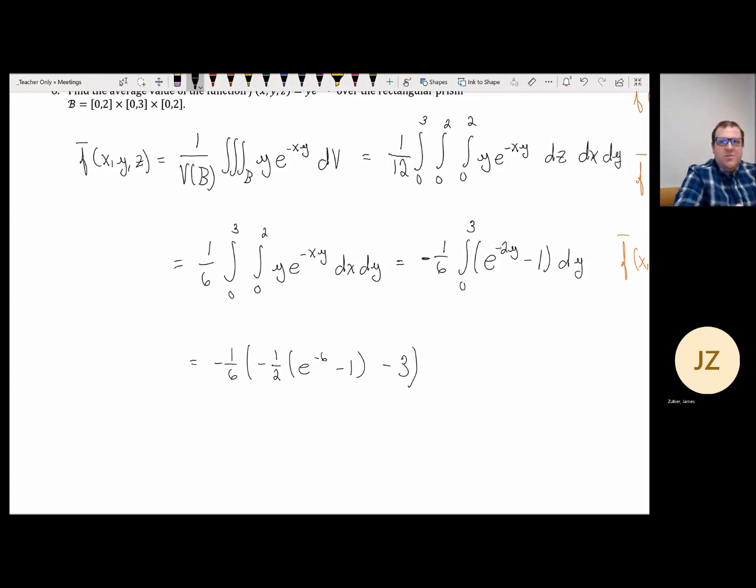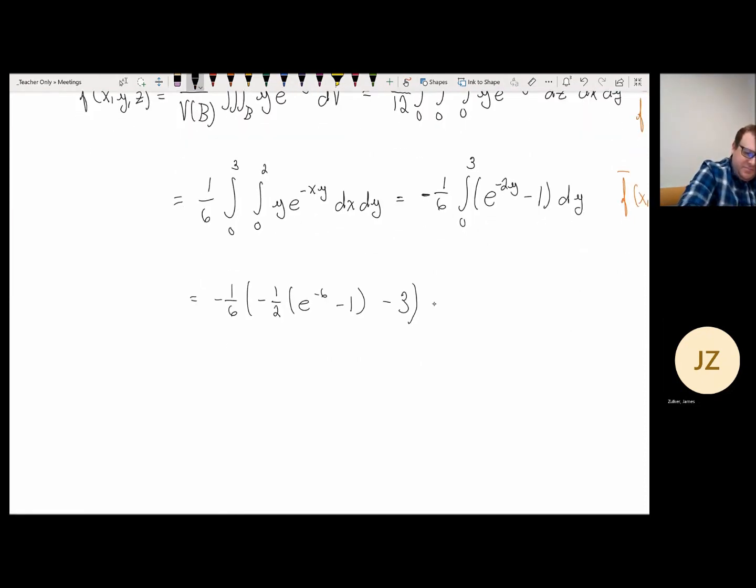Oh no, I'm good. I'm still on track. I'm going to factor out a negative 1/2. We factor negative 1/2 out of negative 3 with plus 6, right?